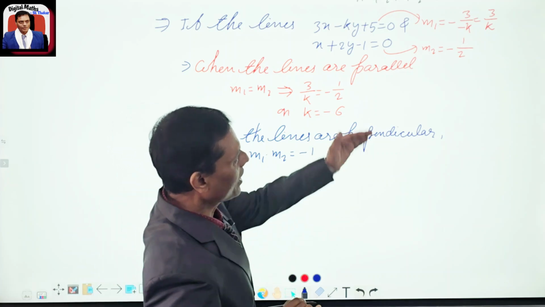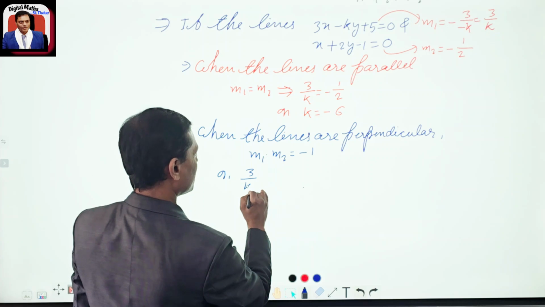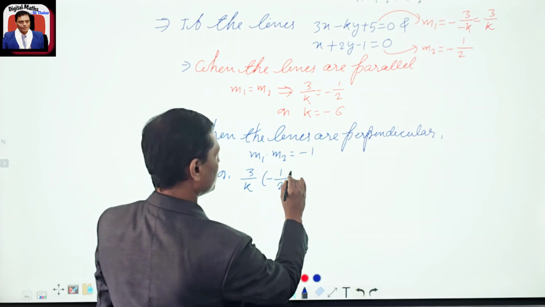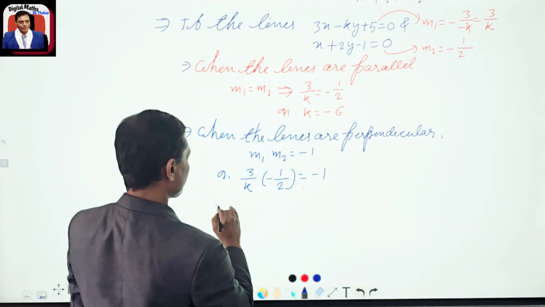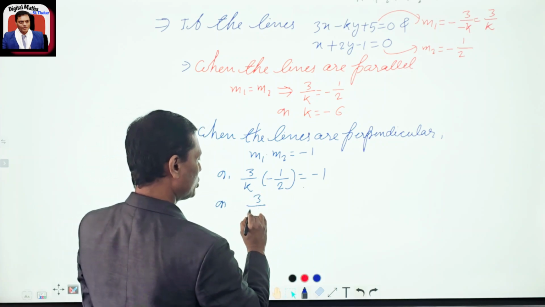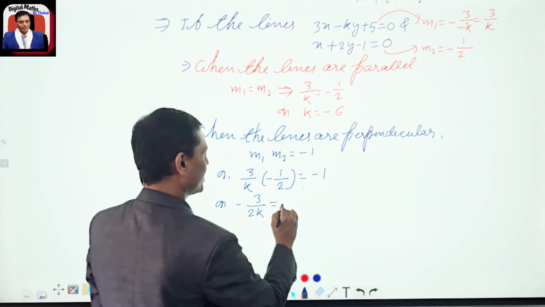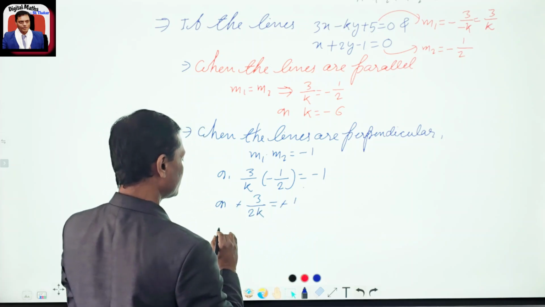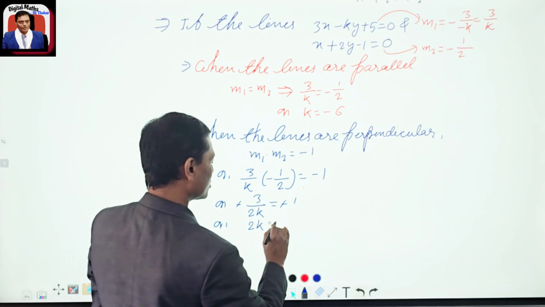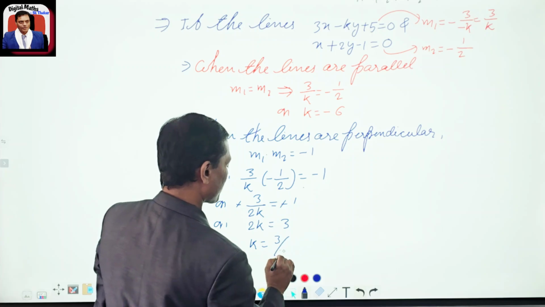And here we have m1 equals to 3 by k, m2 that's minus 1 by 2, equals to minus 1, and we have here 3 by 2k, and not to forget the negative value, there's a minus 1, so minus will be cancelled, and when you do the cross multiplication we can get here 2k equals to 3 or k equals to 3 by 2.